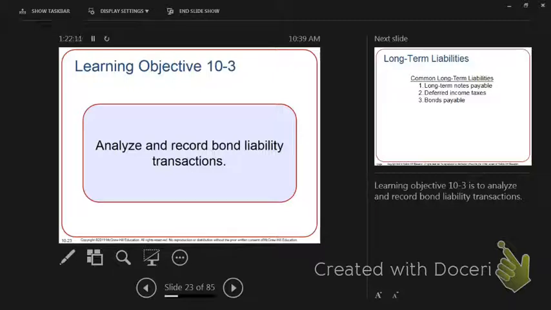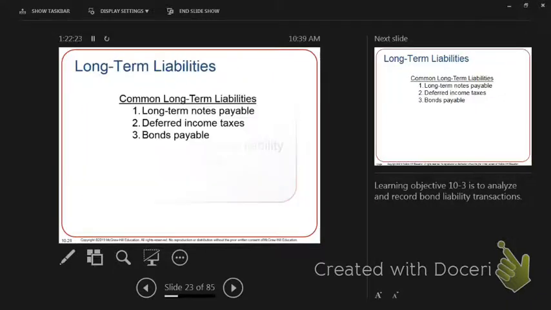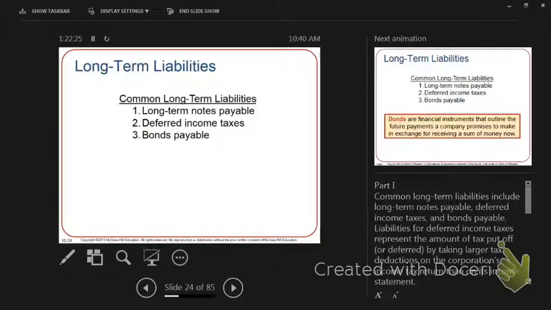These are the numbers. If a bond is issued at face value, it is said to be issued at 100%. So if I issue my bond at face value, I am issuing it at 100%. My bond would be cash and bonds payable.